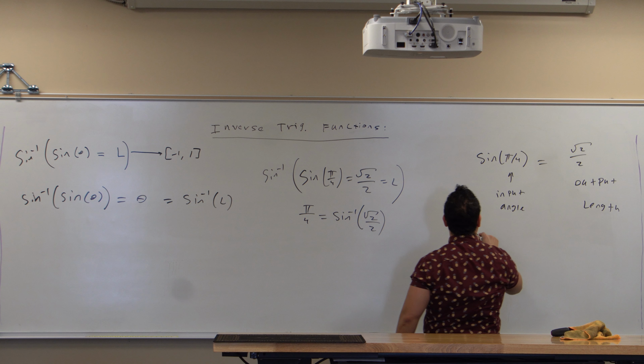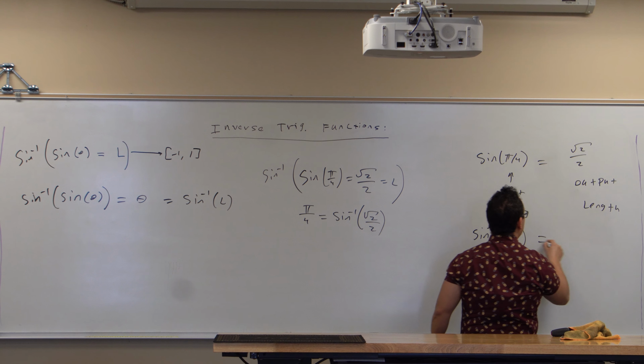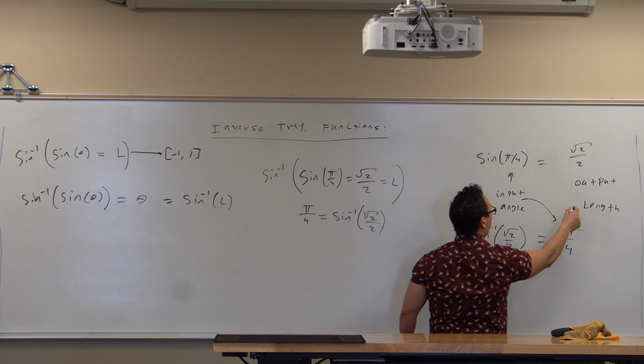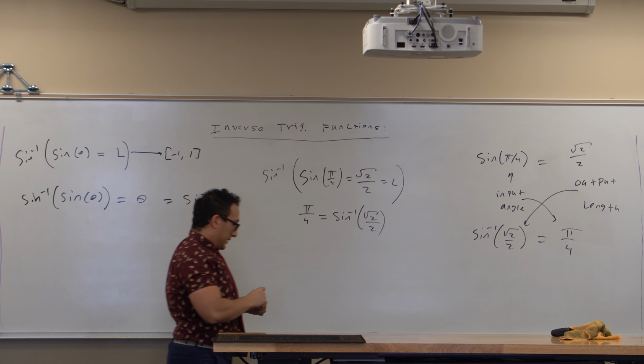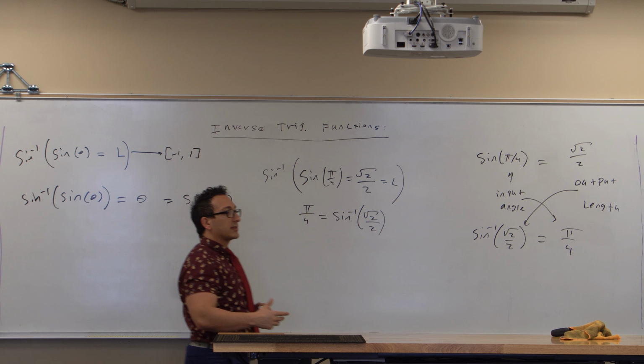Notice that sine inverse of root 2 over 2 is equal to pi over 4. So the input becomes the output, and the output becomes the input. That is what taking the inverse sine is.